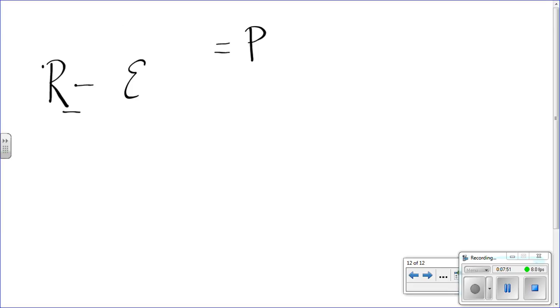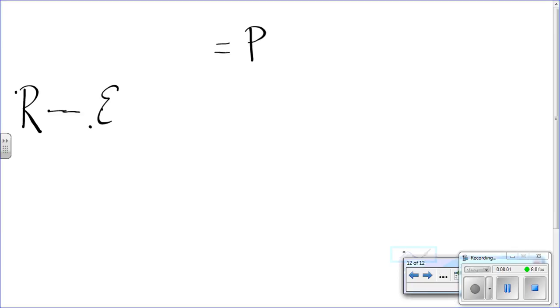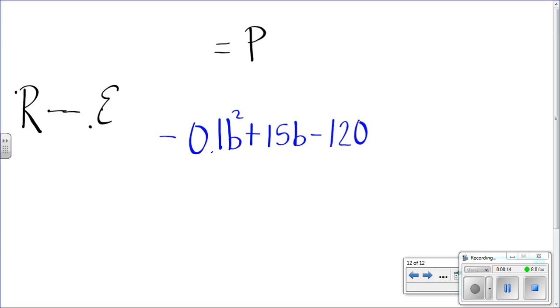R equals negative 0.1b squared plus 15b minus 120. Yes. Alright, so this minus your expenses. What are your expenses? 100 plus B. Okay, simplify that. That's your profit.